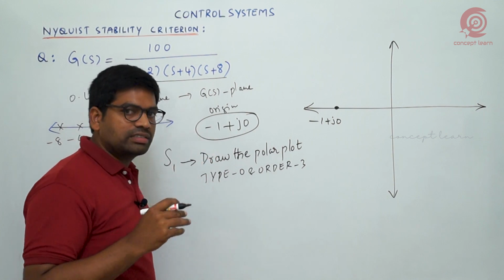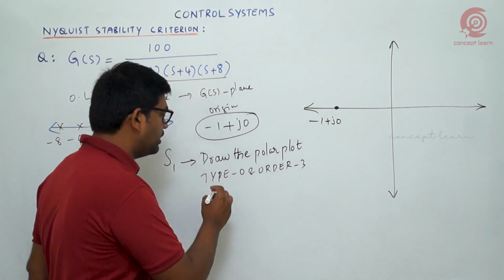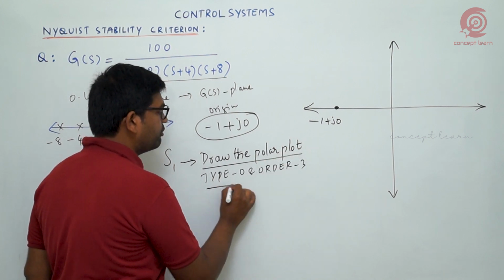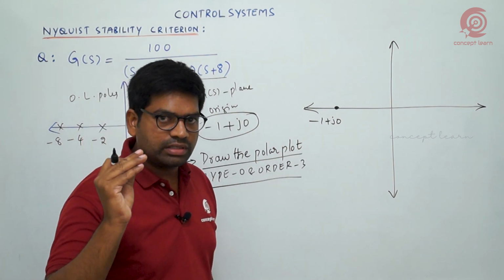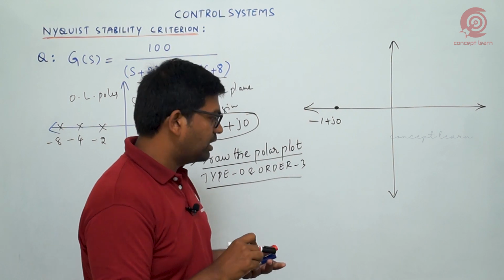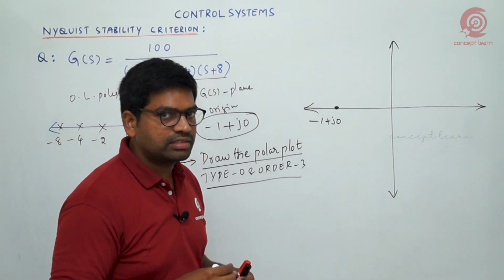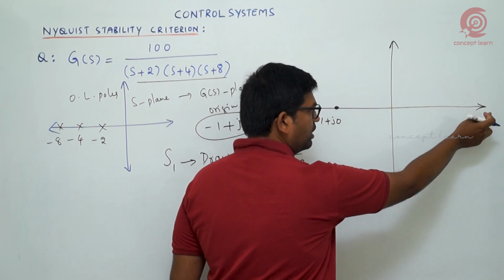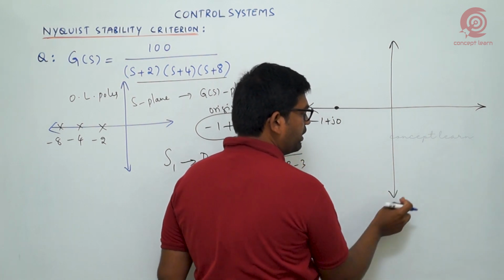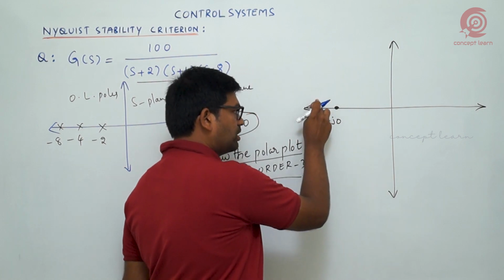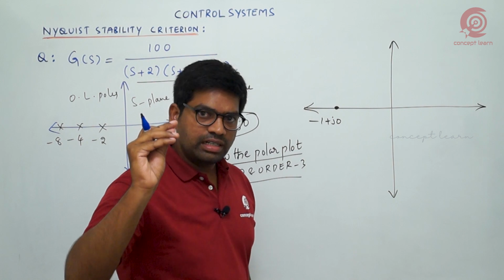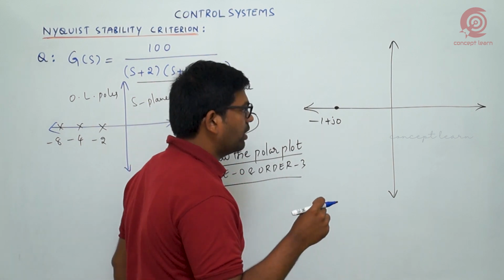So how to construct that S1 path? As I said, it is just only to draw the polar plot. It is easy for us only by observing type 0 as well as order 3. Type 0 means this is the starting point. As I said, type 0 starting point, type 1 starting point, type 2 starting point, type 3 starting point, and order indicates the ending point of the polar plot.